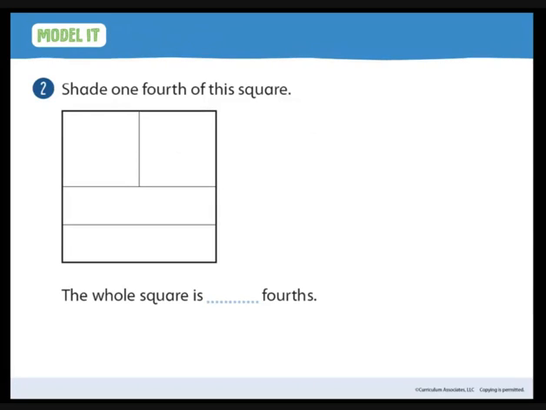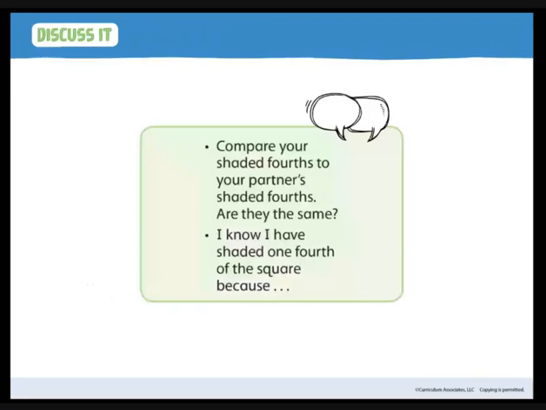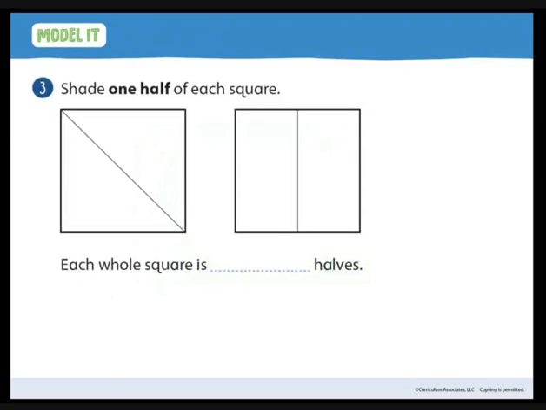Do you think each of the shapes are 1/4? How would you know that? Shade 1/2 of each square.